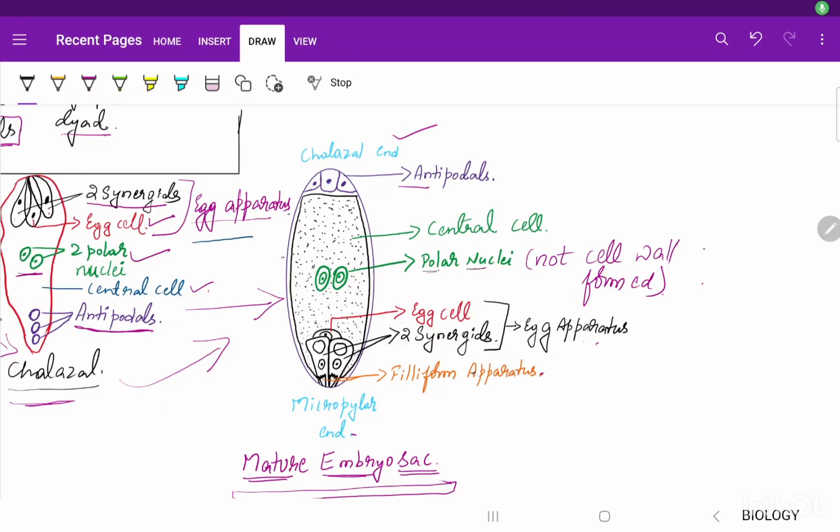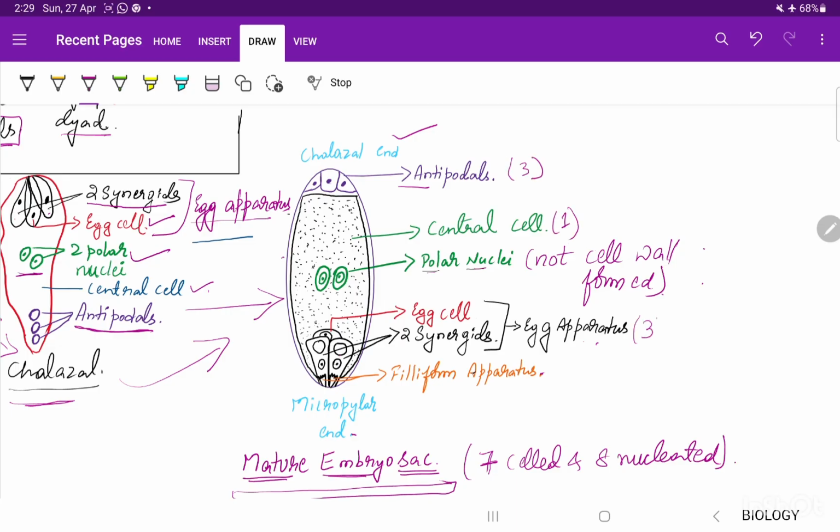Next, here the embryo sac is known as 7-celled and 8 nucleated. We will see how it is. There are 7 cells present. We'll count them: 3 antipodals, 1 center cell and 3 egg apparatus.